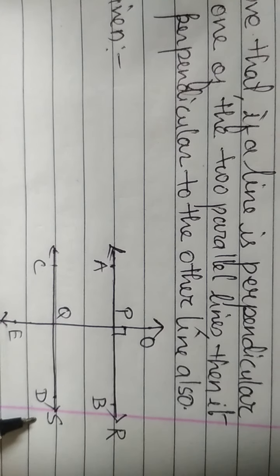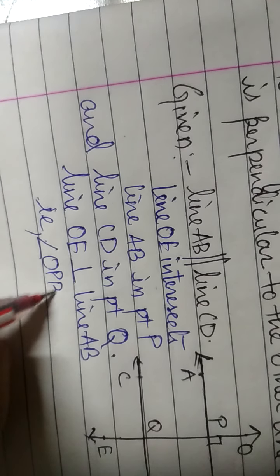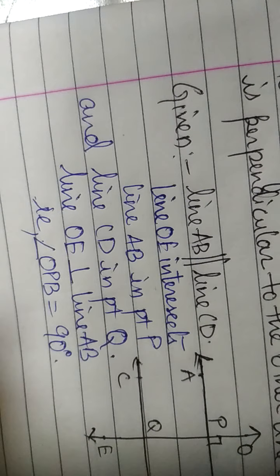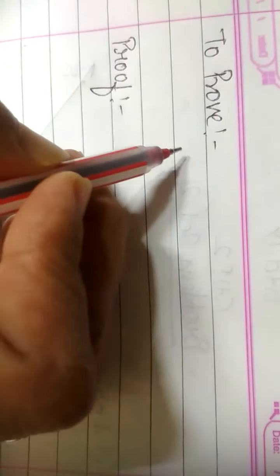Line OE intersects line AB at point P and line CD at point Q. Line OE is perpendicular to line AB, that means angle OPB equals 90 degrees. Now, what are we going to prove?